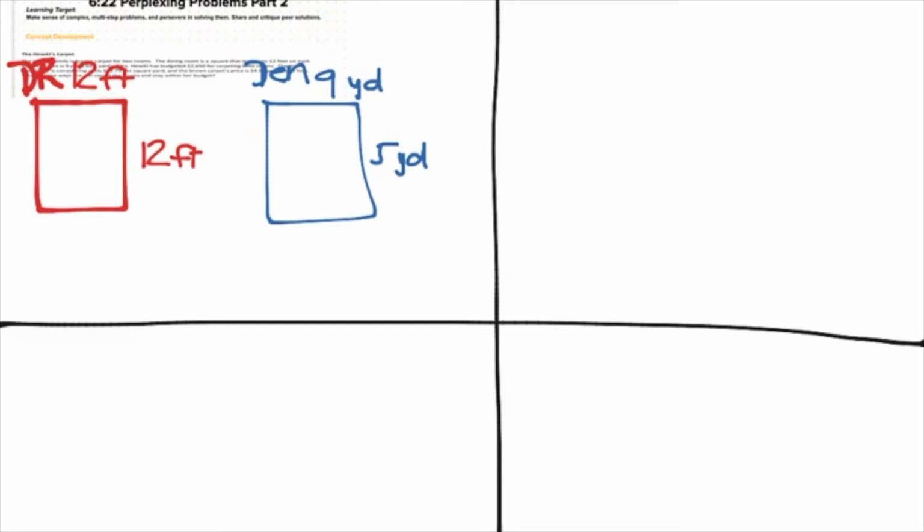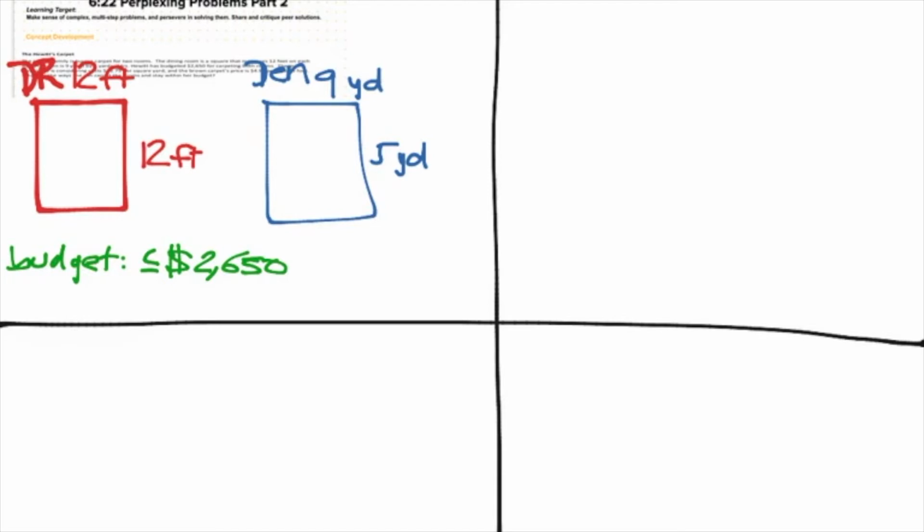Mrs. Hewitt has budgeted for $2,650. Her budget, that means she cannot go over this. So she needs to spend less than or equal to $2,650 for carpeting both rooms. Okay, carpet goes across the whole bottom. So I'm thinking area, the whole amount of space.